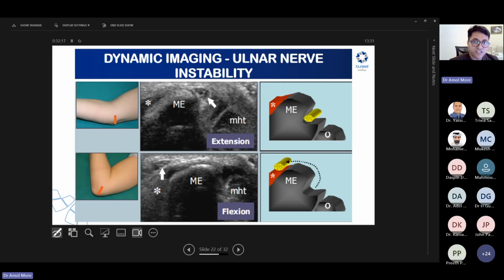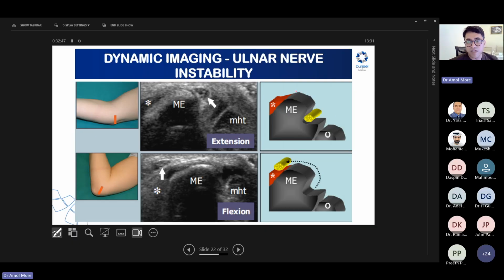In extension, you can see the honeycomb-like pattern lying nicely in the cubital tunnel. When there is snapping of the ulnar nerve because of a weak or hypoplastic Osborn ligament, in flexion the ulnar nerve will come out of the cubital tunnel. This is the dynamic assessment of ulnar nerve instability.